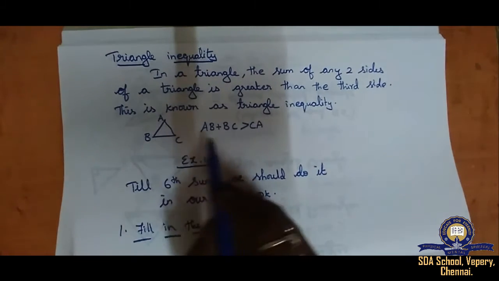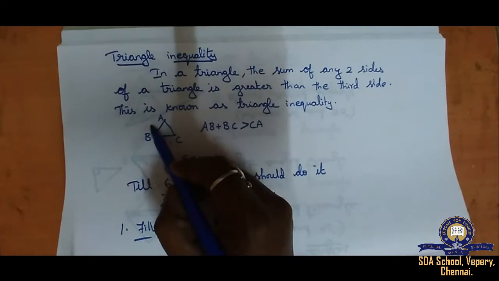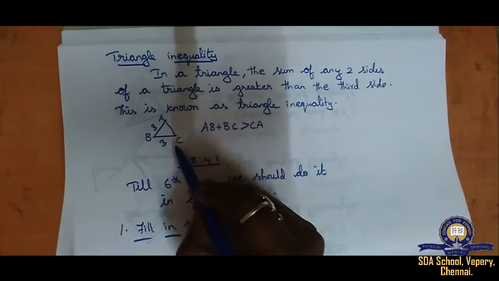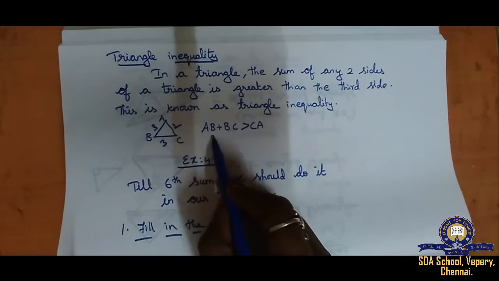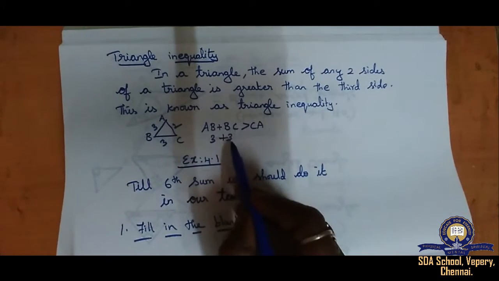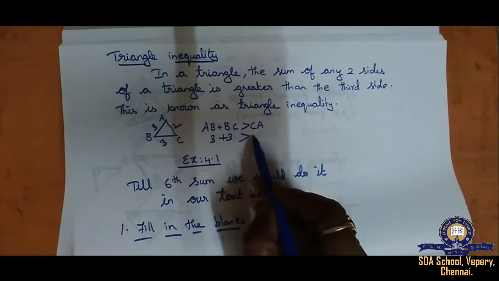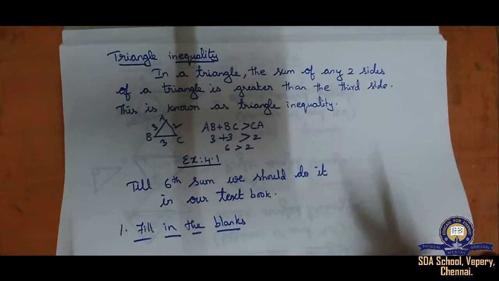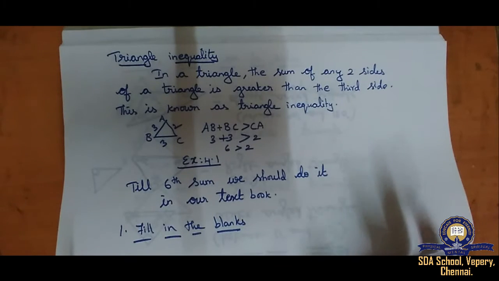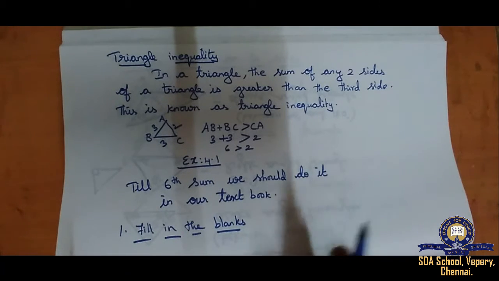For example, AB and BC I can give as 3 and 3, and CA as 2. AB is 3, BC is 3, 3 plus 3 is greater than CA which is 2. 6 is greater than 2. Therefore we can form a triangle like that. This is the triangle inequality formula.